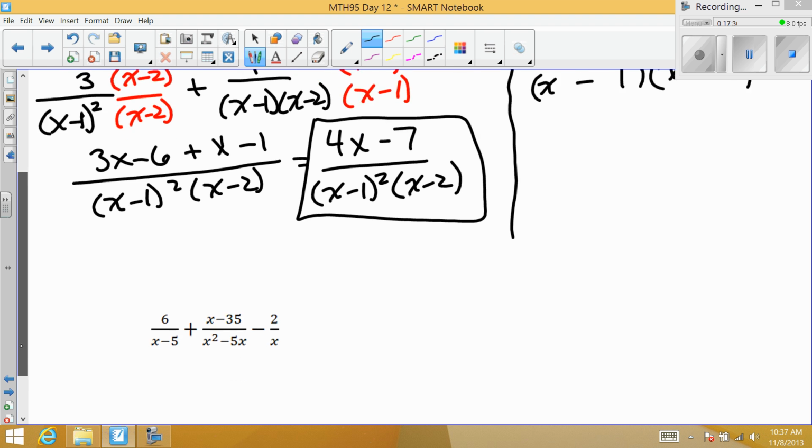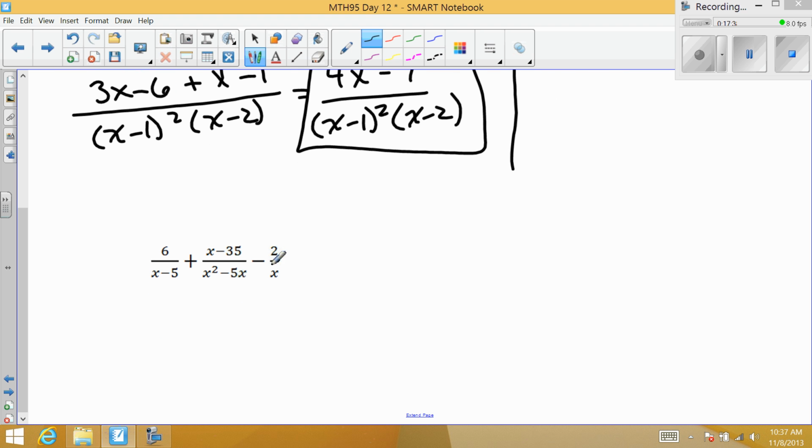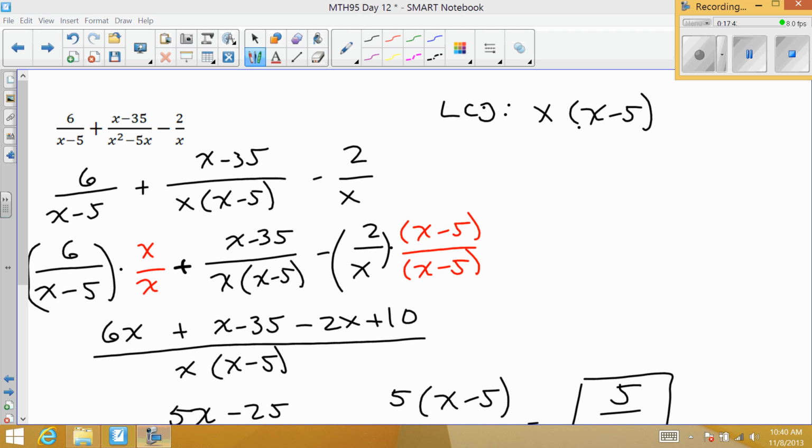Okay. You want to try this next one on your own? I'll pause a minute. So how'd you do? This one a little more complicated with the 3 terms, but same principles. Factor each of the denominators, and the x squared subtract 5x factors to x times x subtract 5. And then our LCD, we need the x and the x subtract 5.